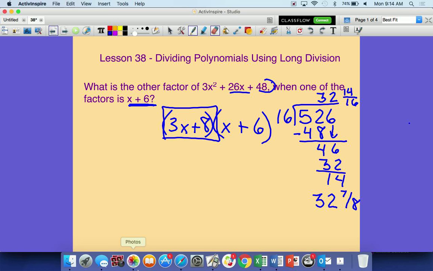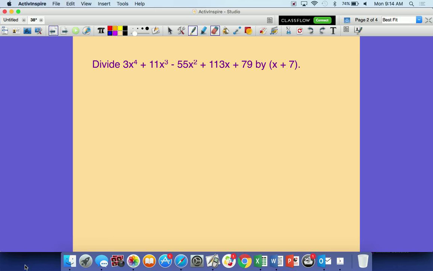And it goes in evenly. So then I have a chance of this other factor going in evenly, and it did, as you guys can see here. But if we go to this one, does 7 go into 79 evenly? No, it goes in a little bit more than 11 times, but it doesn't go in 12 times. So then we are going to have a fraction somehow at the end.